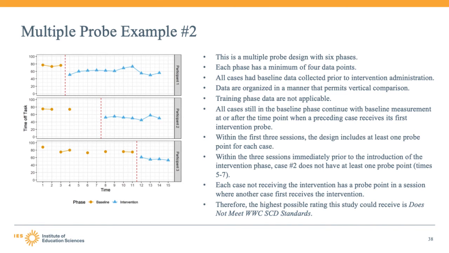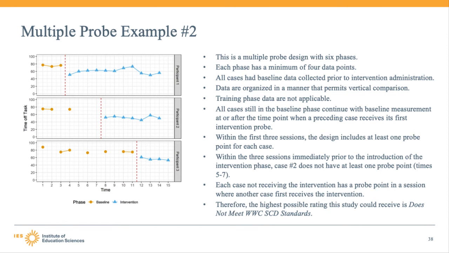The data are organized in a manner that permits vertical comparison. 3. Intervention phase data are collected for each case immediately upon receipt of the intervention. And 4. All cases still in the baseline phase continue baseline measurement at or after the point in which a preceding case first receives an intervention probe. So here, at or after time 4 and time 8.